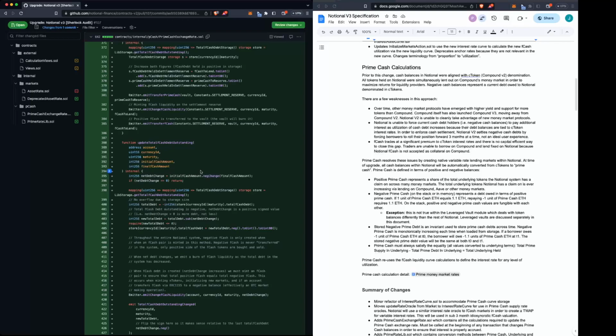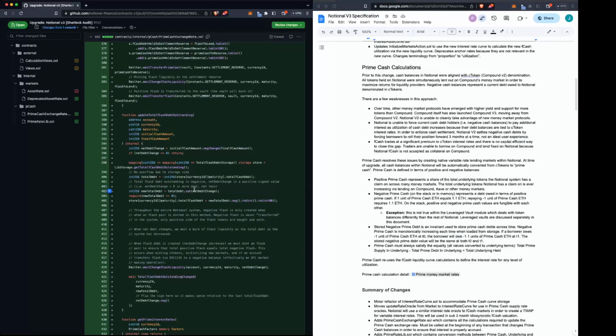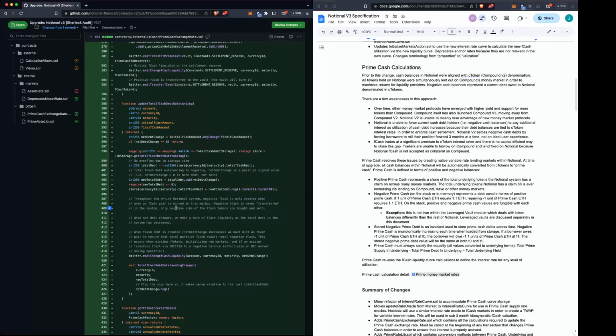because you got settled. So in Notional V3, what we do is we soften this process by allowing all debts, all Fcash really, to settle into prime cash. And so in order for us to properly update the utilization of prime cash at maturity, we need to track how much debt is outstanding. So that's what this function is for.